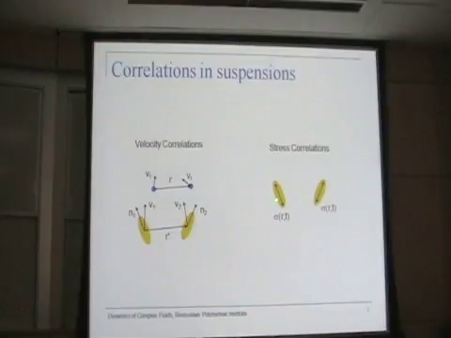You can also, as we've seen before, this active motion of these organisms induces a stress like this at this position, and there's another stress here at this position. And so you can look at the stress as a function of space and time, and then look at spatial correlations of the stress, and also look at time correlations of the stress.